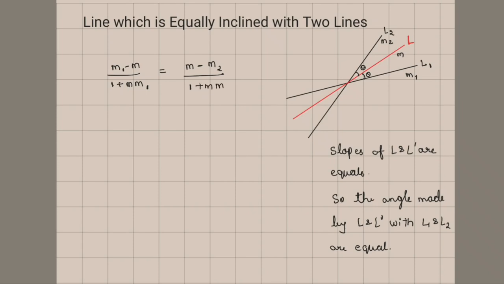If you see here, for the first angle we subtracted M from M1, and for the second we subtracted M2 from M. We have done it in an order.